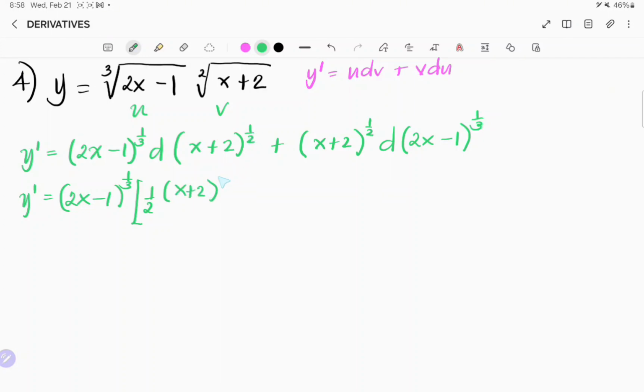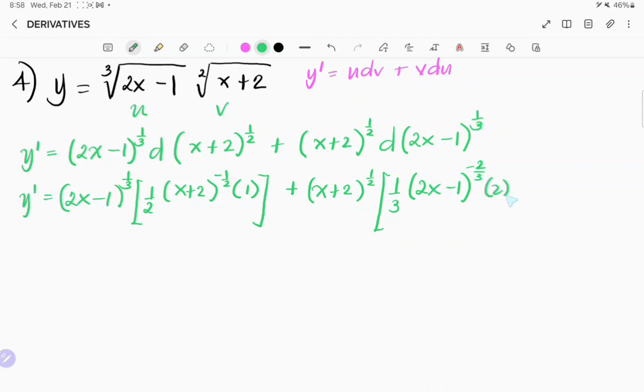It will become negative 1 half times the derivative of what is inside the quantity, which is 1, plus we have to copy x plus 2 raised to 1 half and derive 2x minus 3 raised to 1/3. That's 1/3 times 2x minus 1, and 1/3 is to be subtracted by 1. That's negative 2/3 times the derivative inside, which is 2.